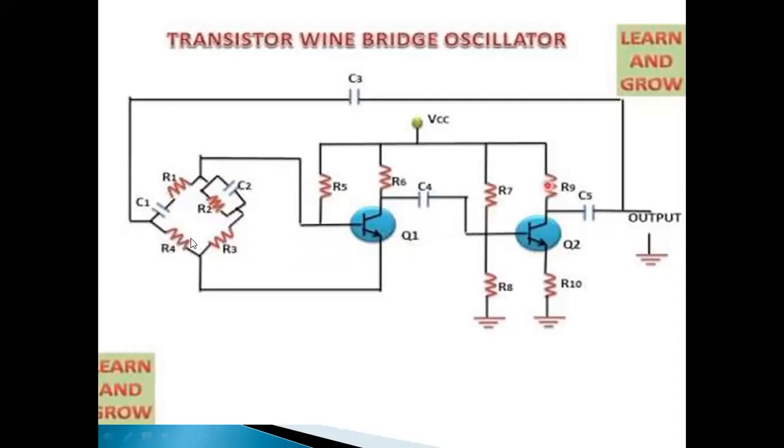From the circuit, the two-stage RC coupled amplifier acts as the basic amplifier and the balanced bridge acts as the feedback network. The basic amplifier provides 360 degrees phase shift, and the feedback network need not provide any additional phase shift because all the phase shift is provided by the basic amplifier only.